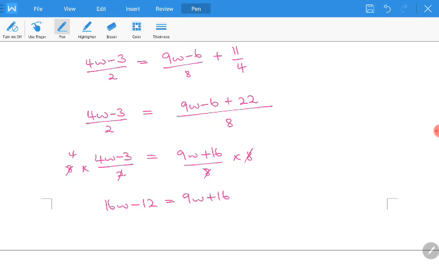Then this simplifies to 16w minus 9w is equals to 16 plus 12.